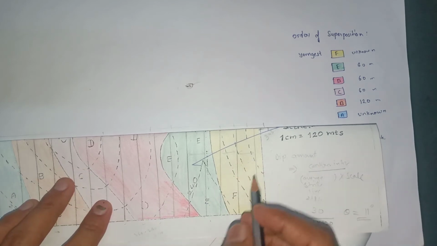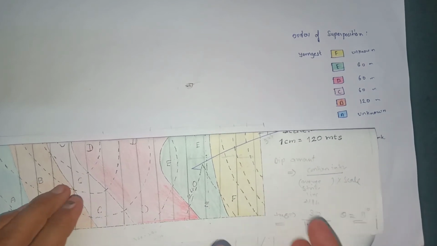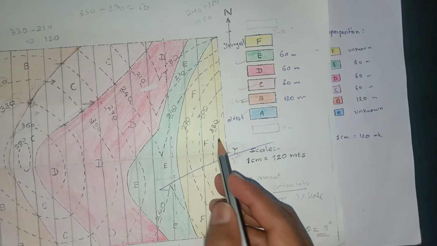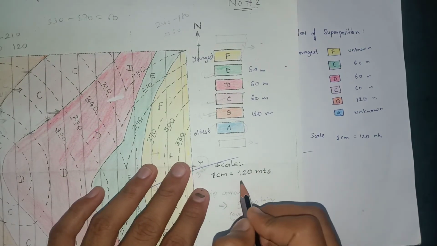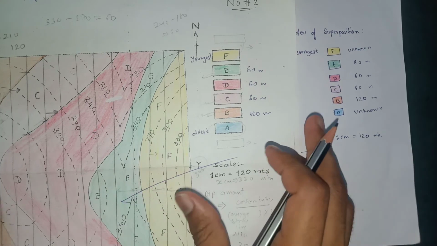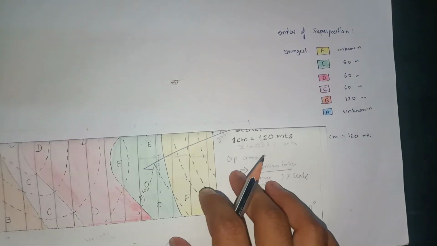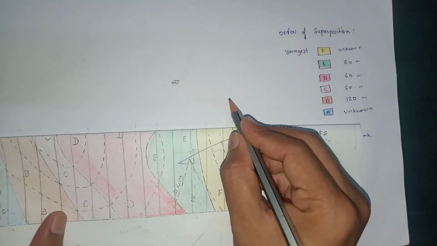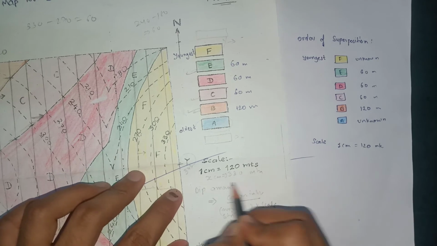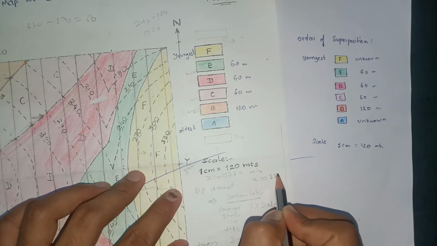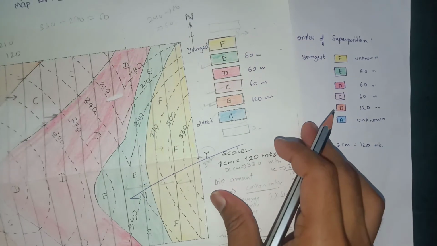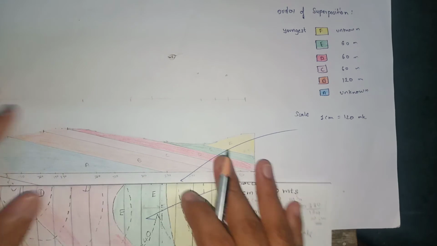Okay, now suppose the contour value given here is 330, now you have to convert 330 meter into X centimeter to mark here, like this way. To convert this, simply X equals 330 divided by 120, that will give you the value in centimeter, like I have drawn earlier.